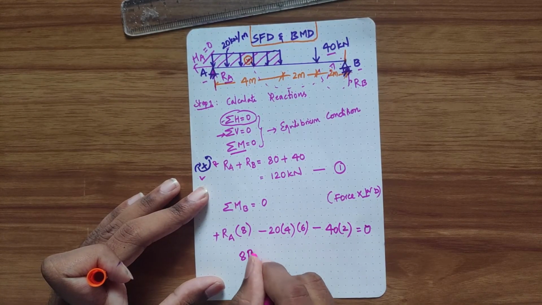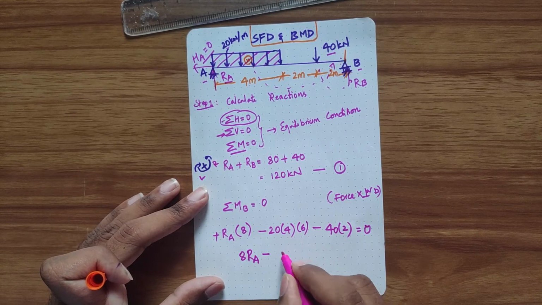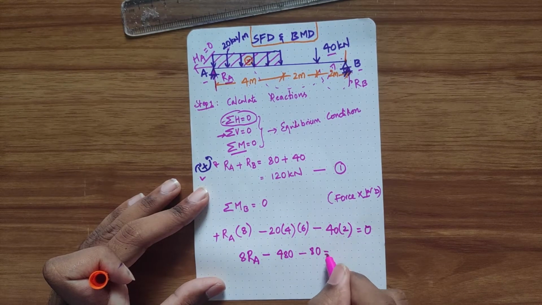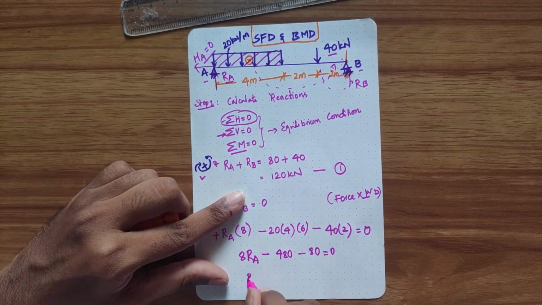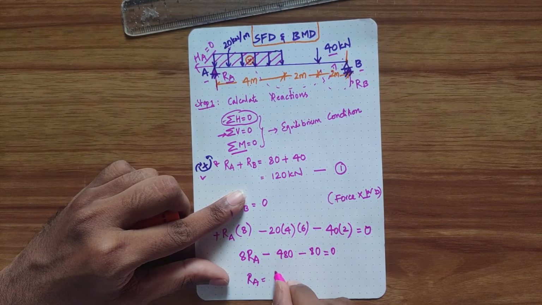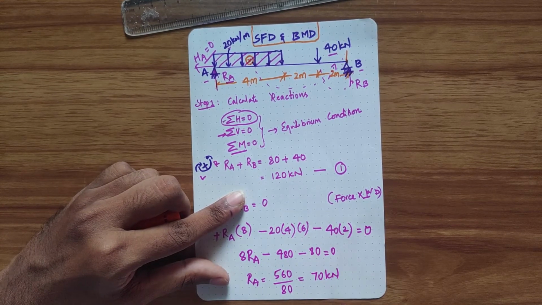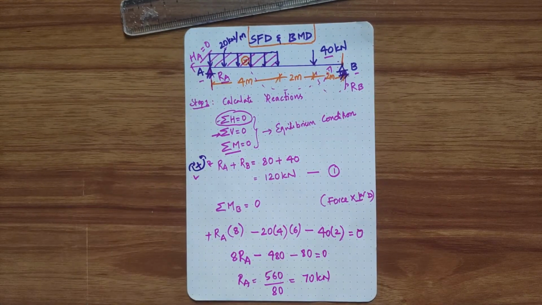Okay, 8 RA minus 20 into 4, 80 into 6, 480 minus 80 is equal to 0. So RA is equal to 560 by 80, that is equal to 70 kilonewton.